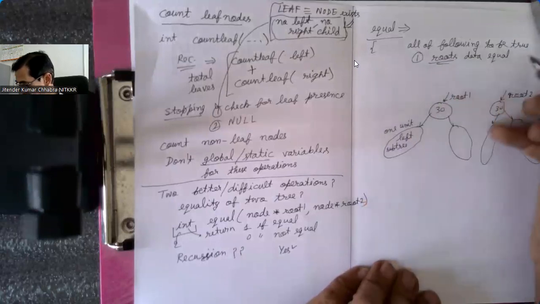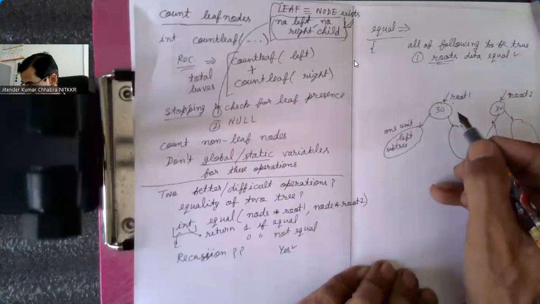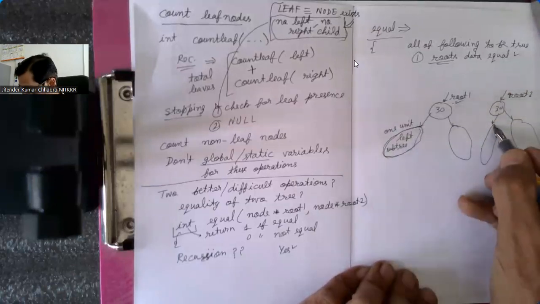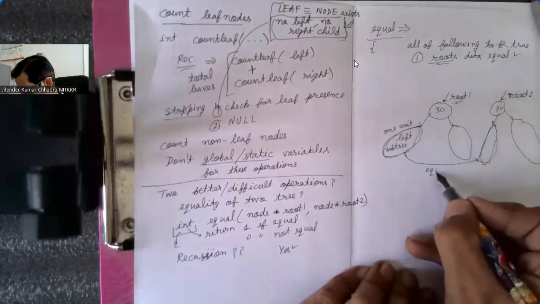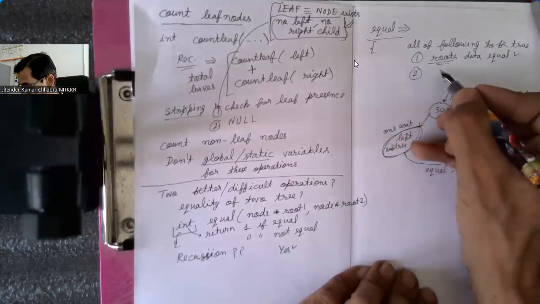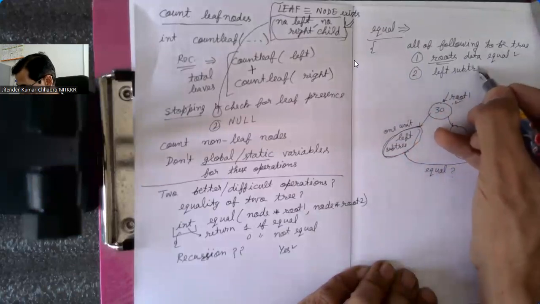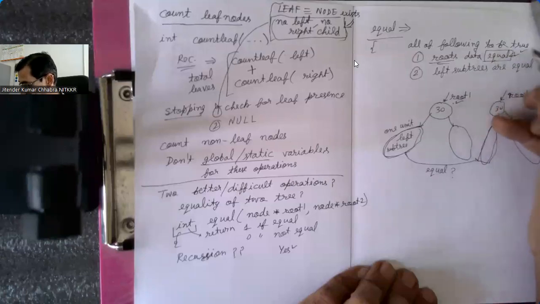So equality means, one, roots are equal. If not equal, straight away they are not equal. But only root equality doesn't mean that they are equal. Left subtree should be equal to the corresponding left subtree. They should be equal to each other. So the second condition means left subtrees of both are equal. Roots are equal or not, it is non-recursive, straight away.